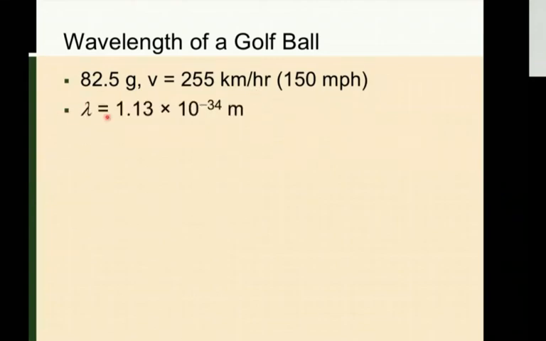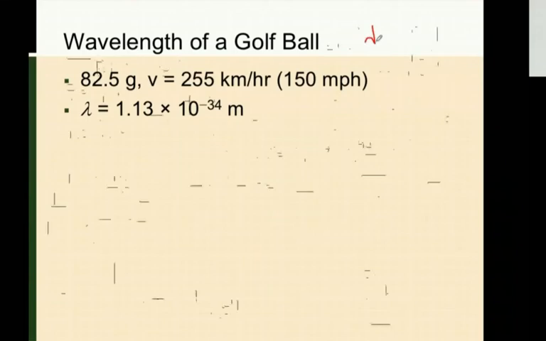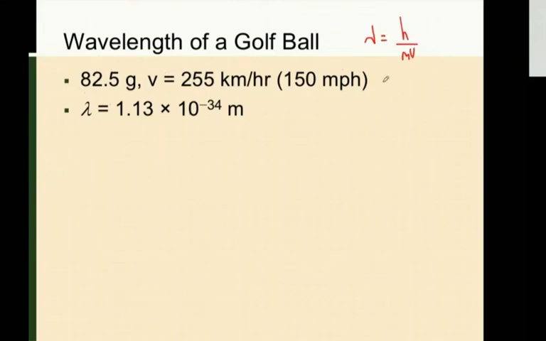The wavelength associated with this, if we put it into our equation, would be the equation that we had before, which is the de Broglie wavelength is equal to h over mv. Because we have the mass here, we have the velocity here, and h is our constant, we can find that the wavelength of this is given here.